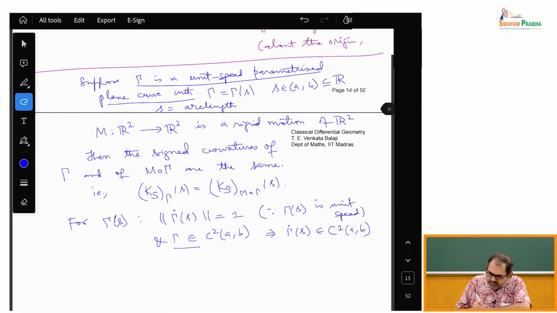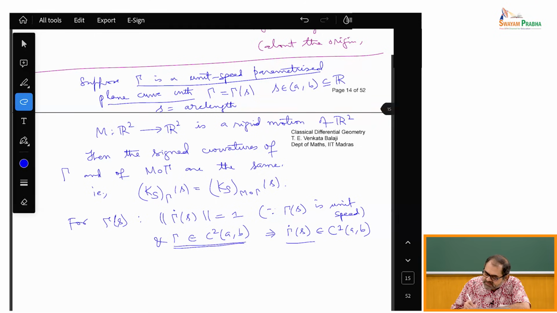So curvature is essentially the second derivative. For a unit speed curve, the magnitude of the acceleration is your curvature, at least in magnitude. So gamma has to be twice continuously differentiable, which means the second derivative of gamma should exist and be continuous.